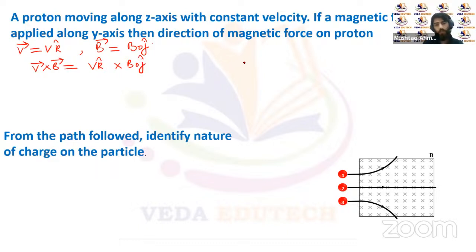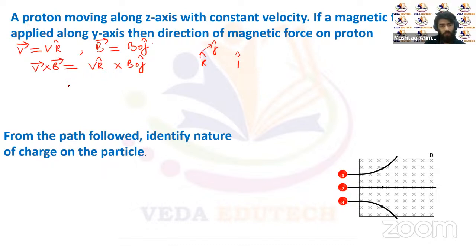And we know that if this is the i cap unit vector, this is the j cap unit vector, and this is the k cap unit vector, then if we move in this circle in a clockwise direction, i cap cross j cap will be k cap, right? Similarly, if we move in the anti-clockwise direction, like j cap cross i cap, it will give us minus k cap. And similarly here, k cap cross j cap will give us minus i cap, right?